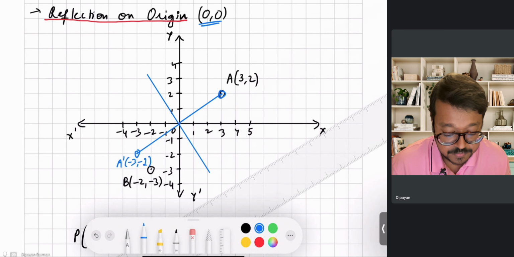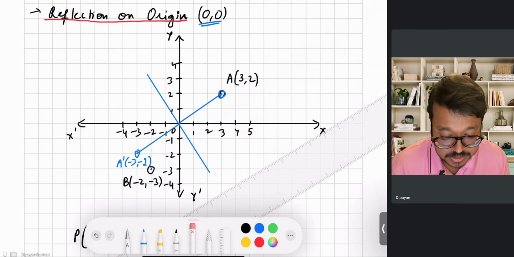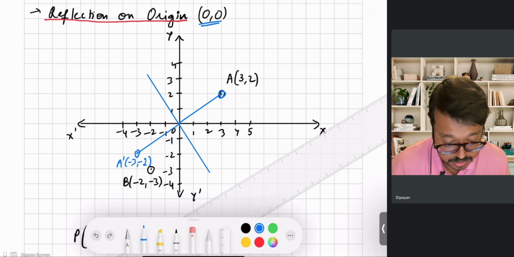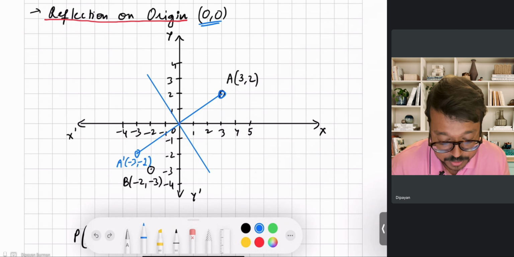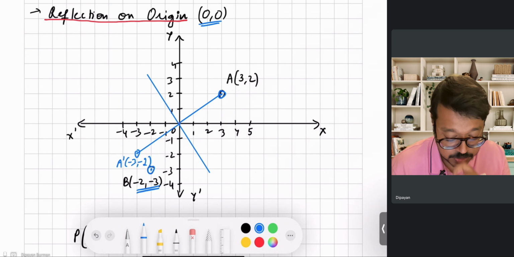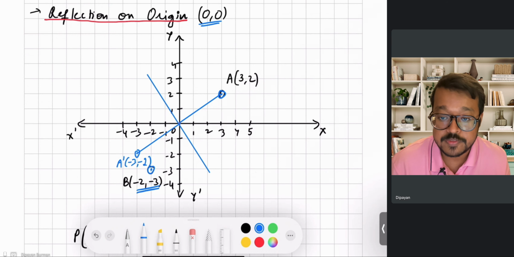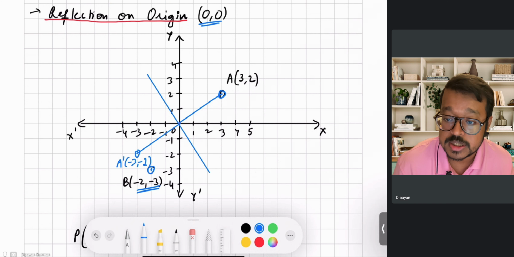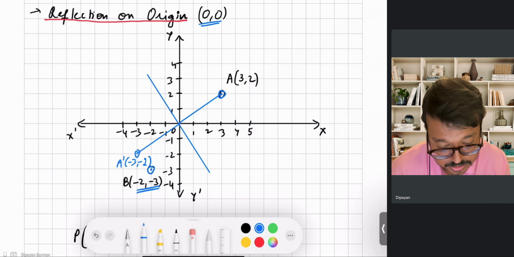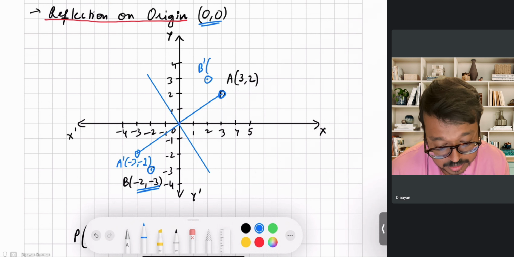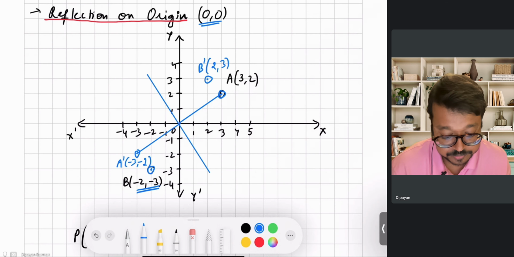In the same way, if I look at the other point B, suppose I have point B with coordinate -2 comma -3, then if I do the same sort of reflection on the origin, I will expect a point over here which is B dash and the coordinate will be 2 comma 3.